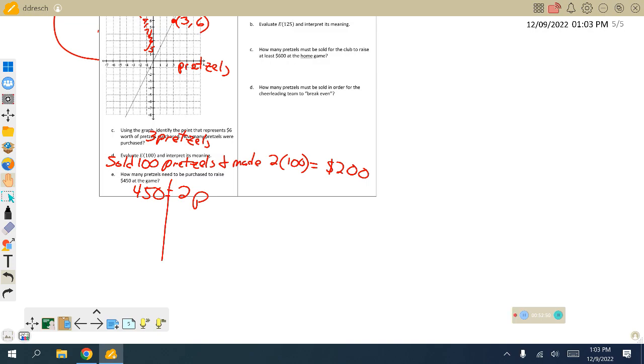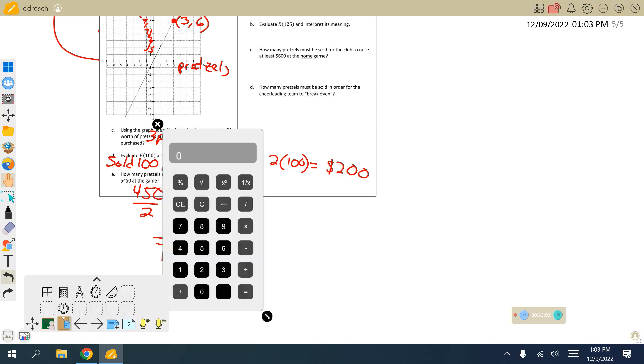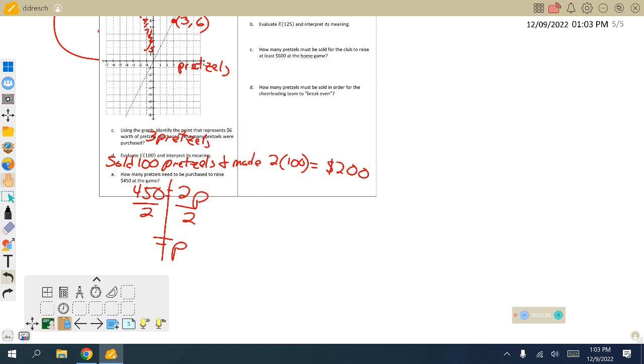That was, again, the f of x equals 3. Create the equation, solve it out. Divide by 2, go to your calculators and punch it in. 450 divided by 2. We need to have on hand 225 pretzels. We sell those pretzels, we make our money.